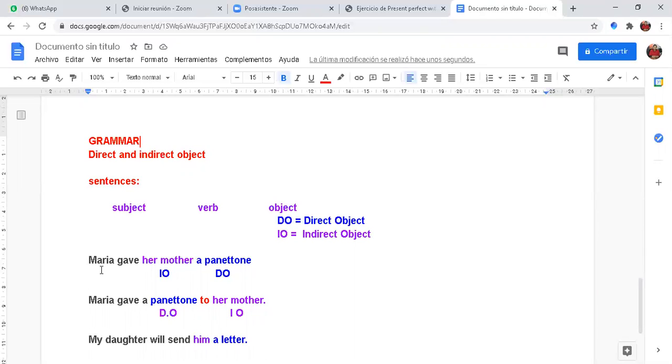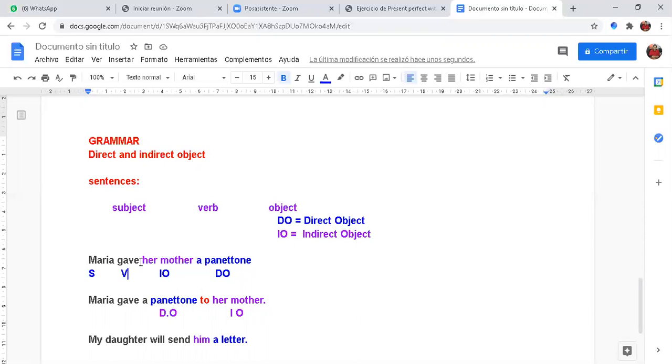My sentence is, Maria gave her mother a panettone. What is the subject? Here the subject is Maria, and the verb is gave. Subject, verb, and object.